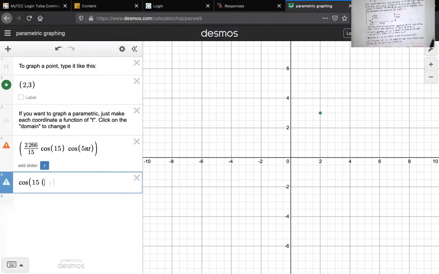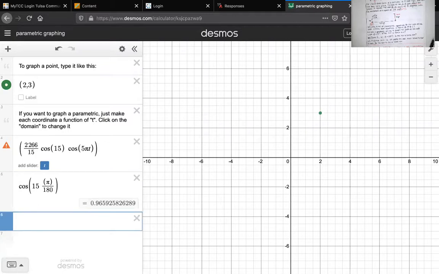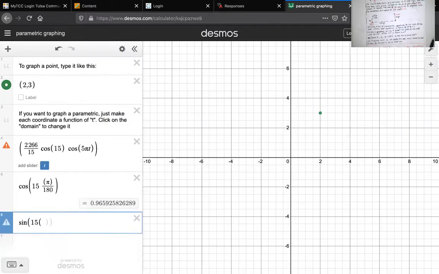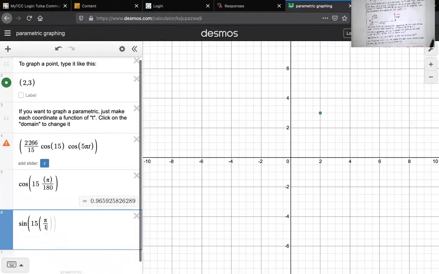So we know that there are pi radians in 180 degrees. So that would give us the cosine of 15 in that case. And then I want sine of 15, multiplying by pi and then dividing by 180.